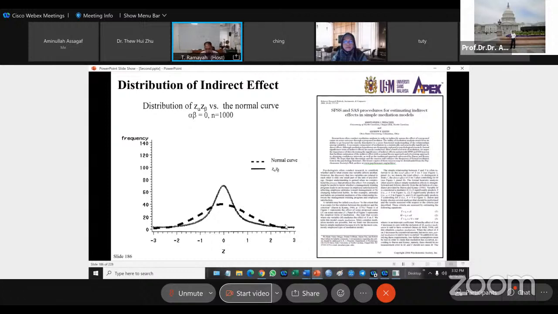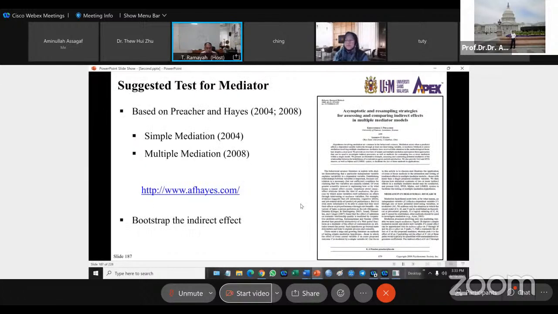This is your normal distribution, the broken line, and this is your mediation indirect effect, which is not normal. Since the data is not normal, we have to do bootstrapping. This is where they came out with bootstrapping the indirect effect. This is the method now used in SPSS, Smart PLS, AMOS and Mplus. All the software have now started to use this method called bootstrapping the indirect effect.